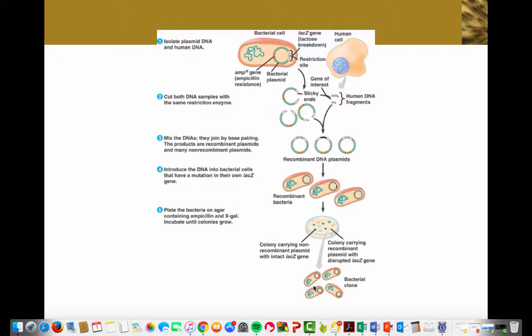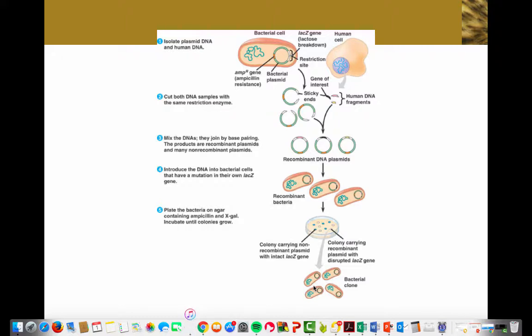And basically what you can do is a couple things. You can get your restriction enzymes, right? And you're going to cut these with restriction enzyme, and cut this. You can also do PCR on this so that you have enough of your gene of interest for your human gene. And then what you're going to do is you cut both with the same restriction enzymes.